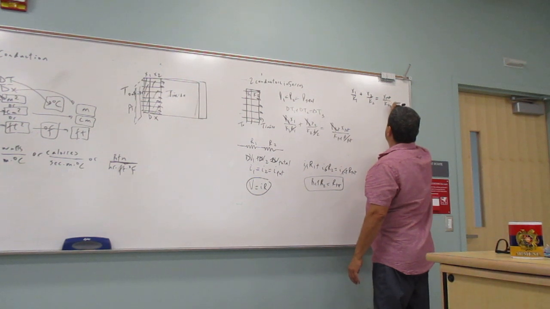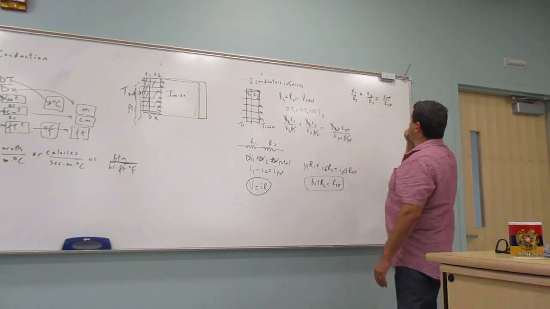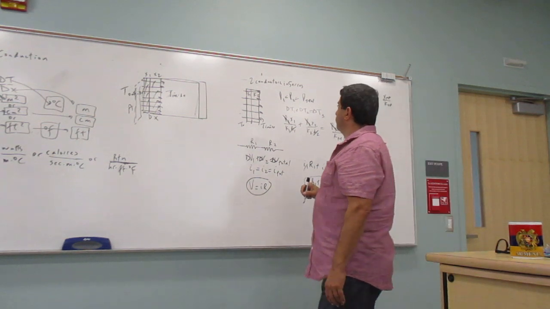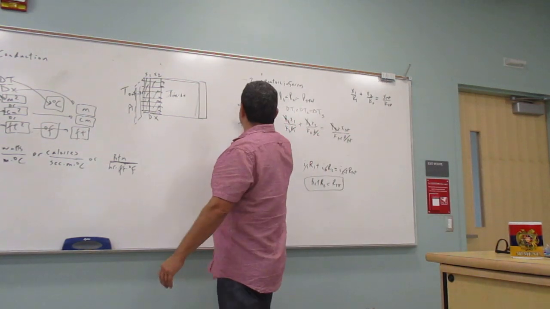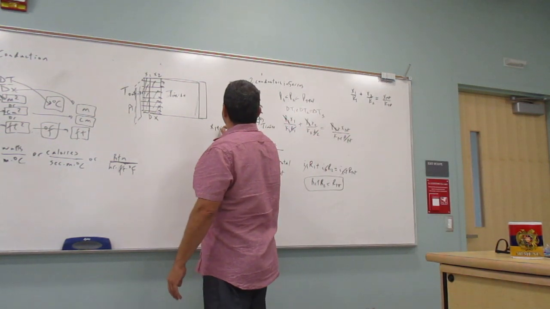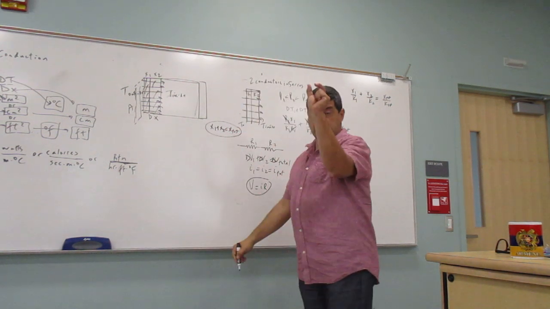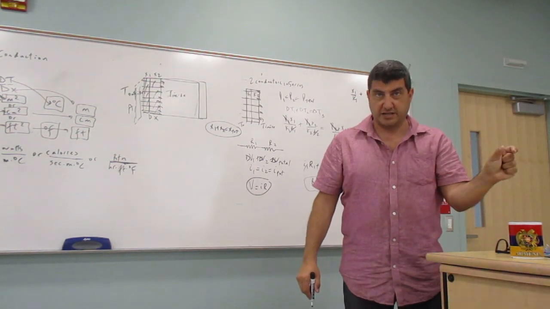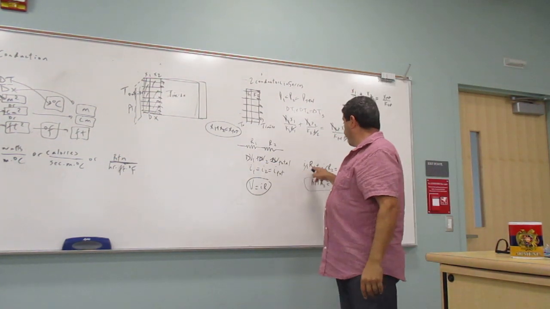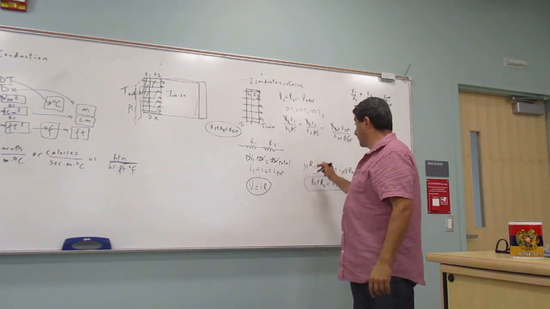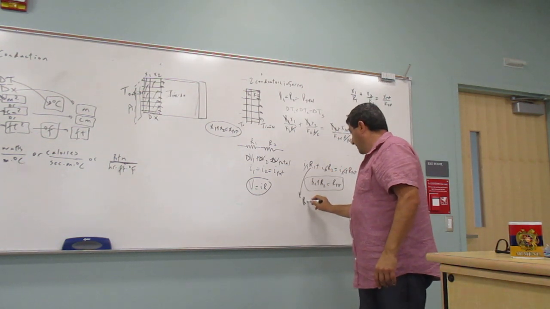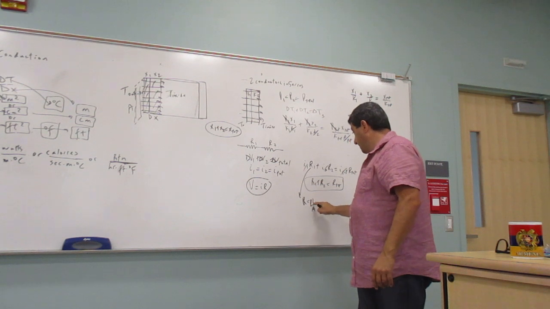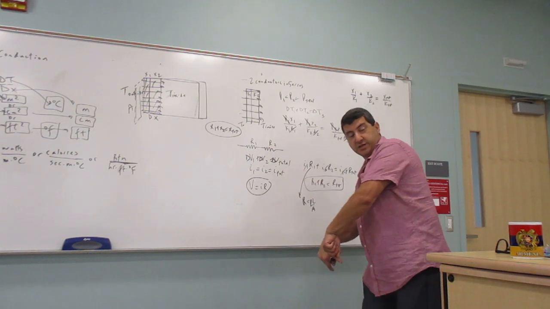Now, can you cancel the X's? That one, not really, because X1 plus X2 is X total. So the thickness of one material plus the thickness of the other material is equal to the total thickness. With resistors, you don't have to worry about that because the resistance of a resistor already has the resistivity, length and area built into it.